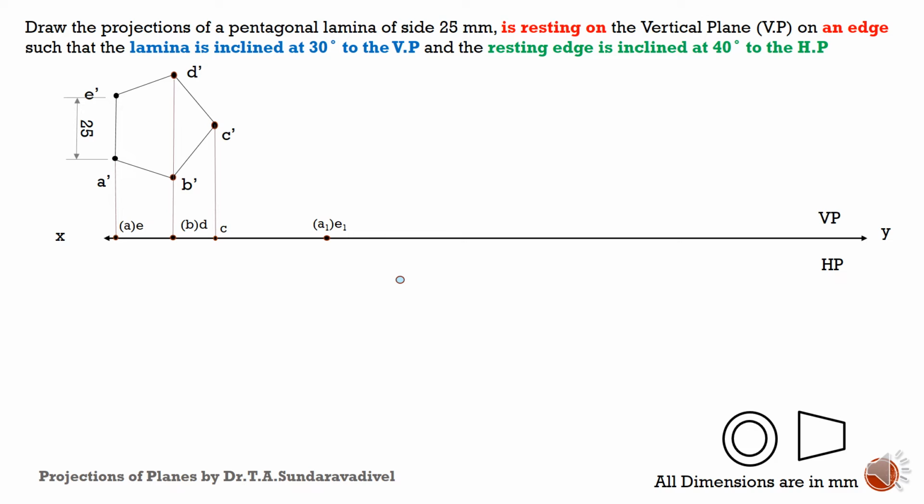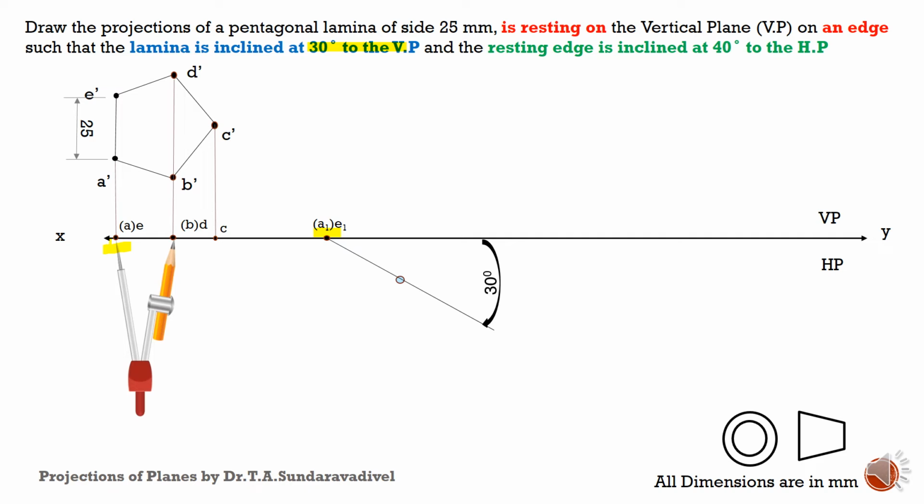Then I am fixing the point A1, E1 here. I am giving the name of this point as E1, A1, similar to this. This is AE, here A1, E1 I am giving. Then I am taking the line for 30 degrees surface inclination.